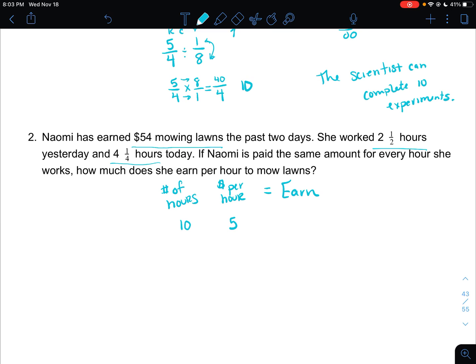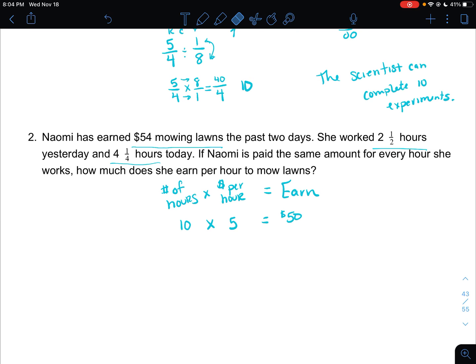Let's say you work 10 hours and you make $5 per hour, or $5 every hour. How much are you going to earn? Well, if I work for 10 hours and make $5 every hour, I'm going to multiply to get $50.